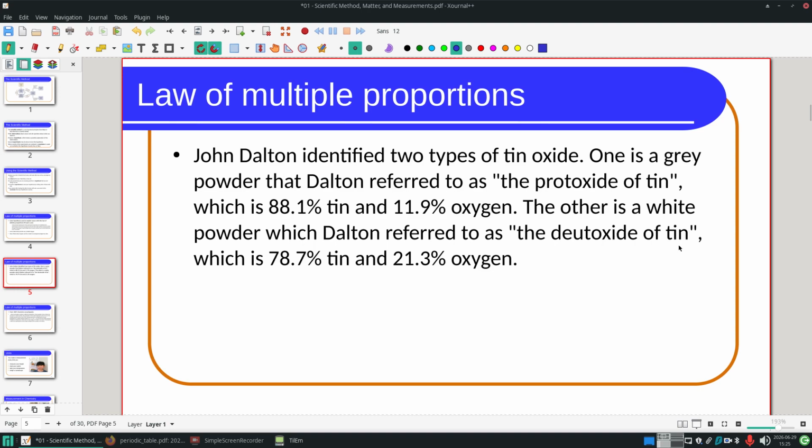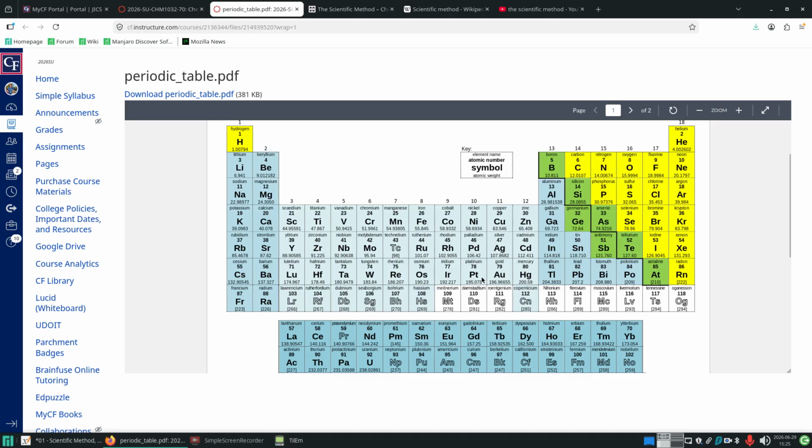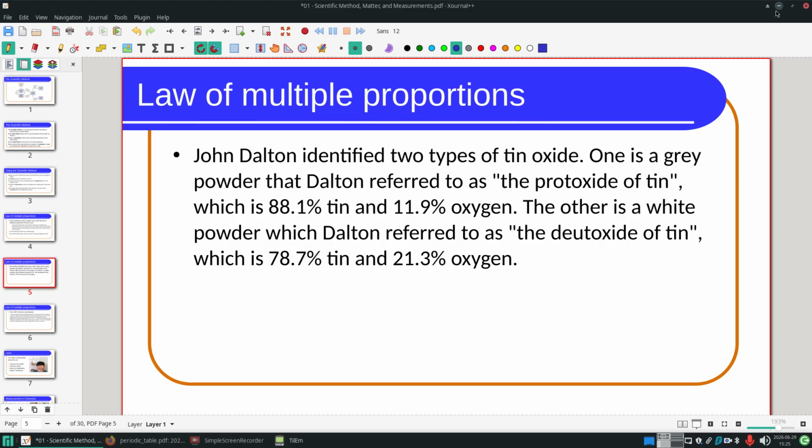That's what he said. But he did find there was one that was 88.1% tin and 11.9% oxygen, and one that was 78.7% tin and 21.3% oxygen. But whenever he looked at any of these transition metals and was able to find more than one oxide, he found different ratios. I found something interesting on those. I'm going to turn these into ratios themselves, like a 1 to whatever.